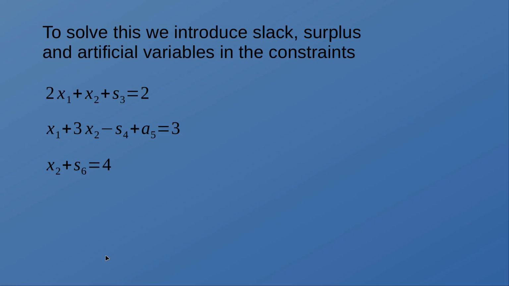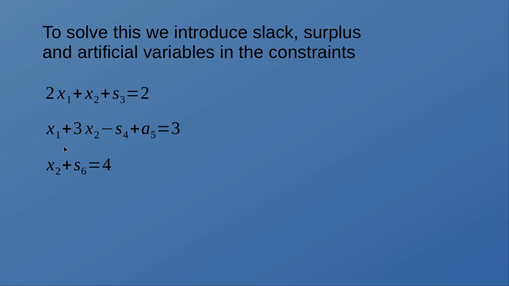To solve this, we introduce slack, surplus, and artificial variables in the constraints. So what we do is introduce the first slack variable, that is S3, in the first constraint. So we get 2x1 plus x2 plus S3 is equal to 2, where S3 is the slack variable.